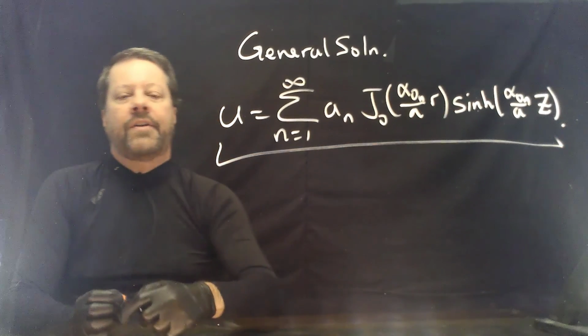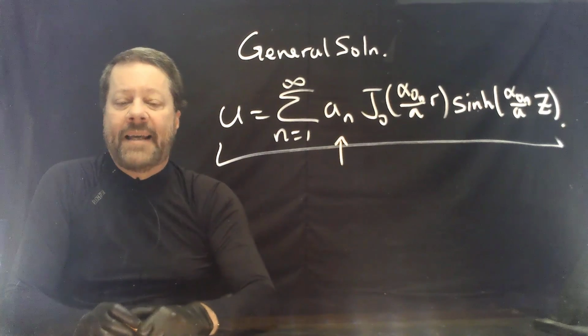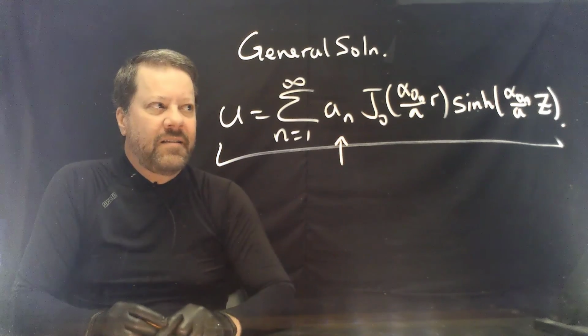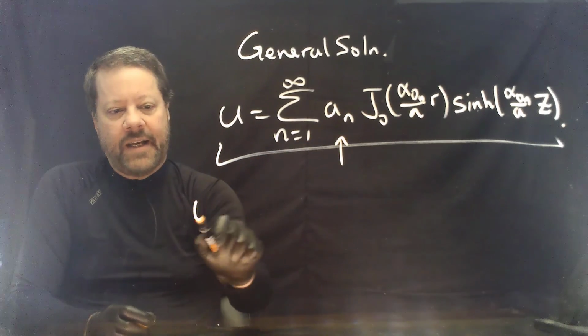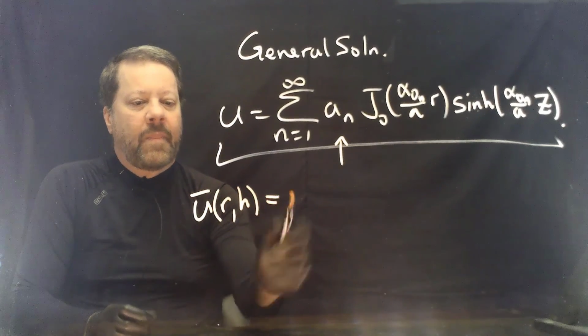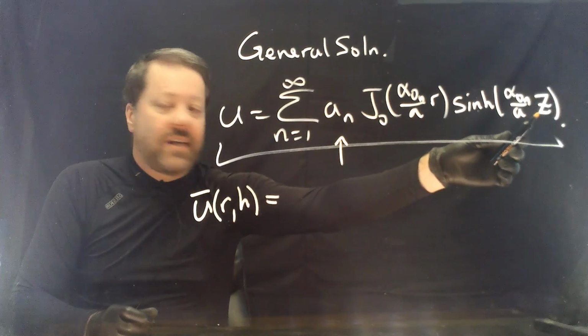and the only thing left to do is to determine how the coefficients a sub n depend upon the data on the top disk. To do this, we'll note that u bar is what you should get when you evaluate this solution at z equals h.